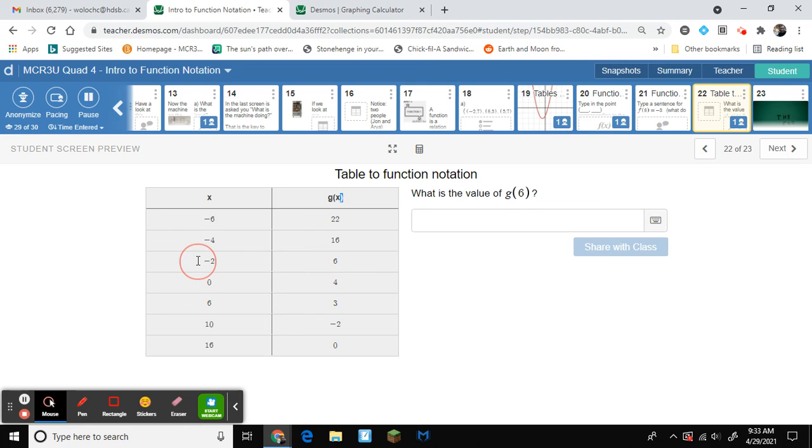Okay, but remember this 6 right there, that's the input. So when x is 6, what is the output? That's what this means, right? So g of 6 equals 3.